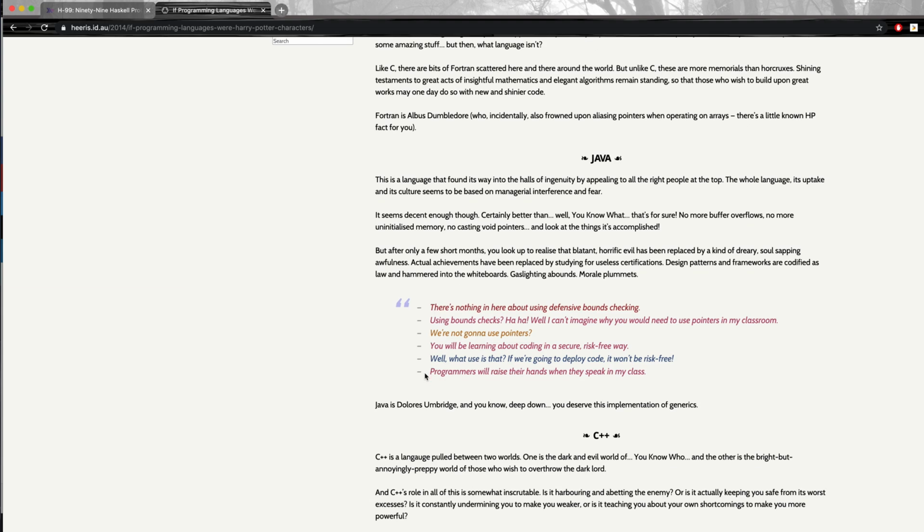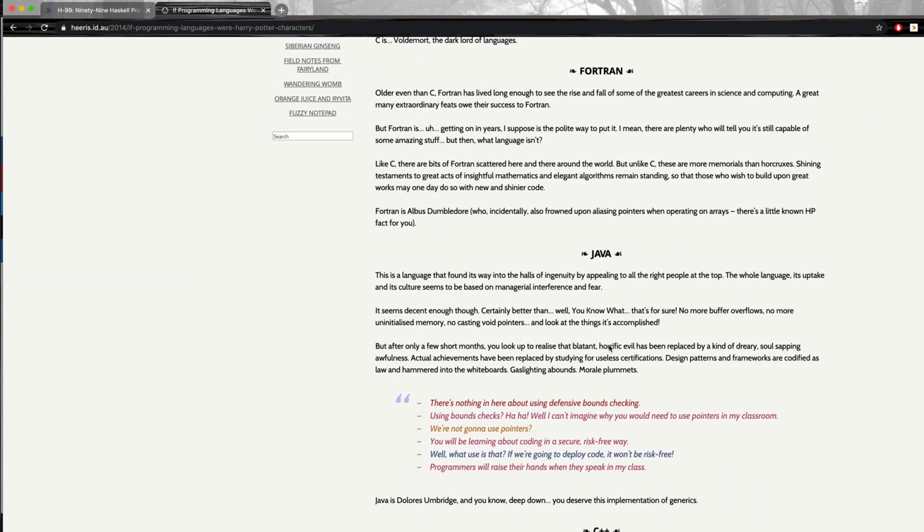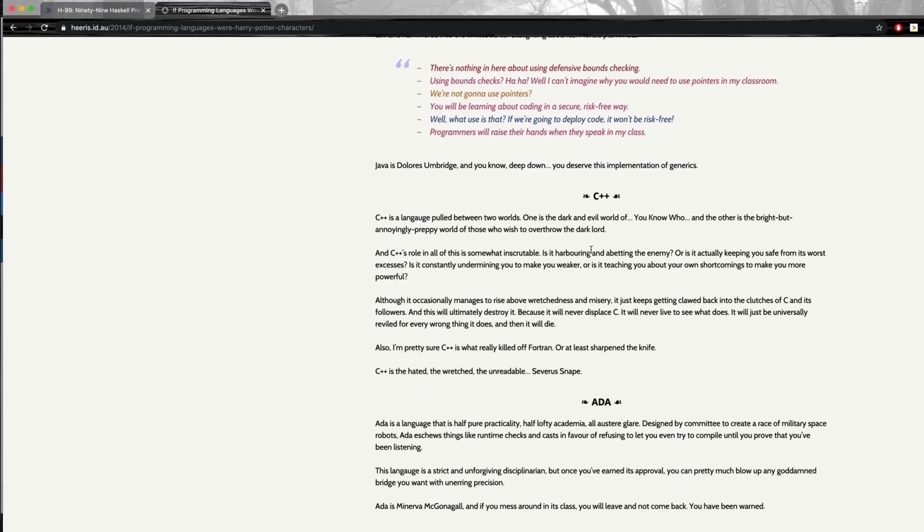It's a really good article. Java, I was kind of disappointed how they assigned Dolores Umbridge to Java, because Java is my favorite language. Its tenacity, its detail. Its syntax makes it really easy to write programs. Maybe difficult to learn, but writing programs is really easy.